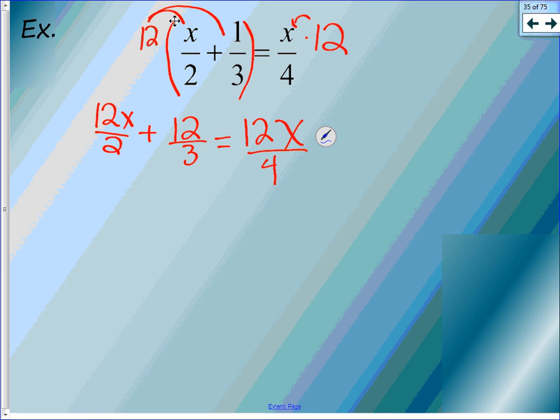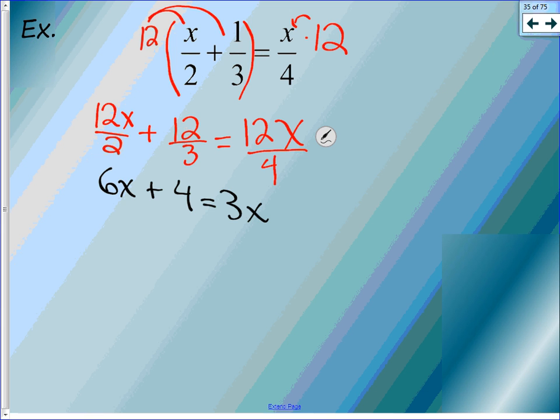Okay, and again, the test, if I did it correctly, is if all the fractions go away. So, DJ, what do I get when I simplify all these? 6x plus 4 equals 3x. How do we feel about that? Great.